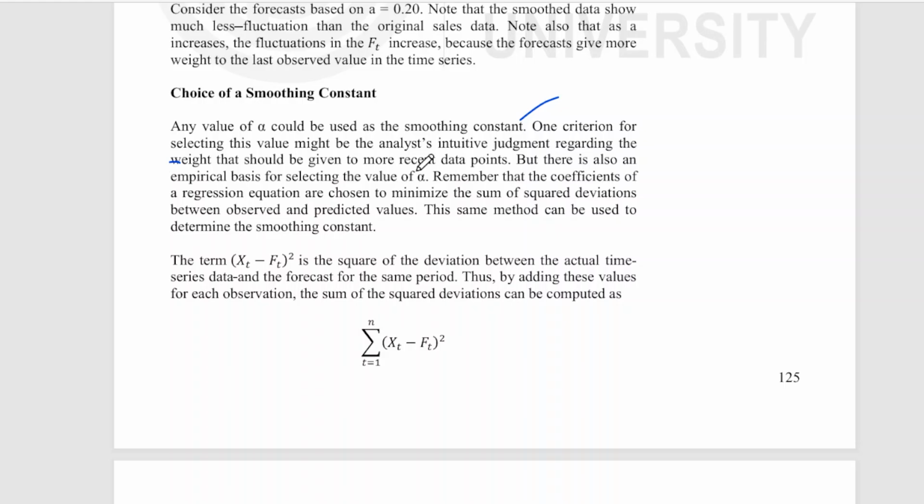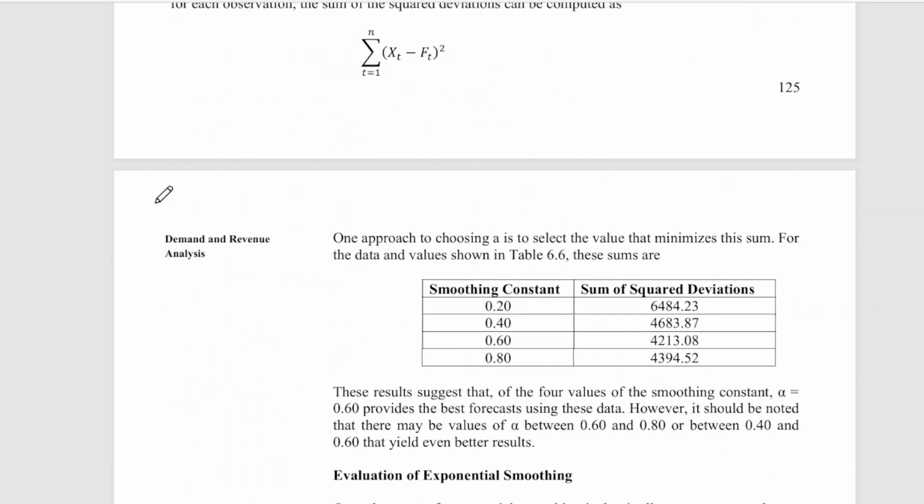Remember that the coefficients of a regression equation are chosen to minimize the sum of the squared deviations between observed and predicted values. The same method can be used to determine the smoothing constant. Okay. So here is a smoothing constant and sum of squared deviations.